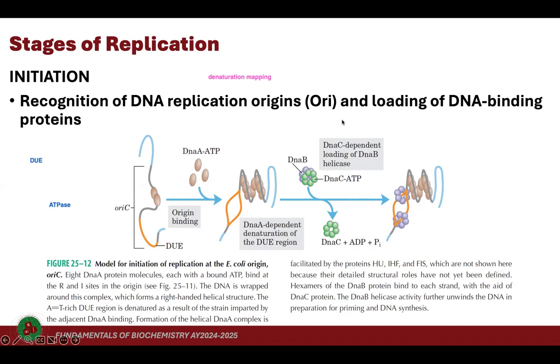Okay, so all of these steps are aided by other proteins as listed here, which again, we will not be dealing with too much. Okay, so we have the initial unwinding of the DNA, and then we have the loading of the helicases. I guess that's it for the initiation.